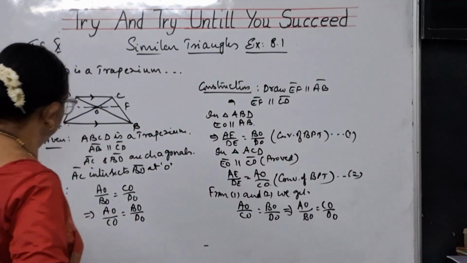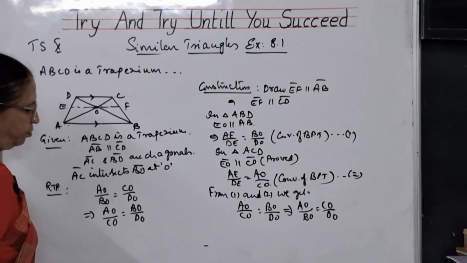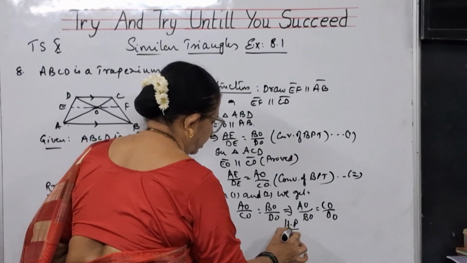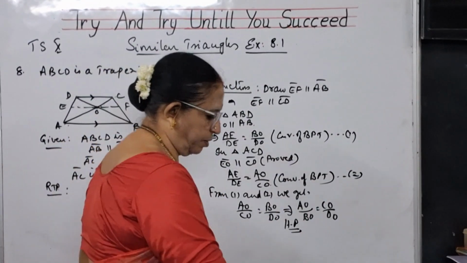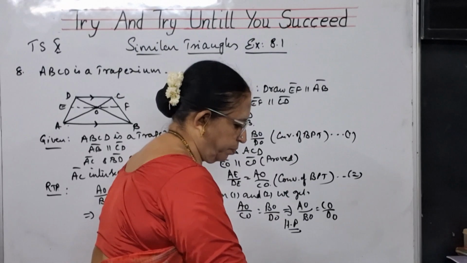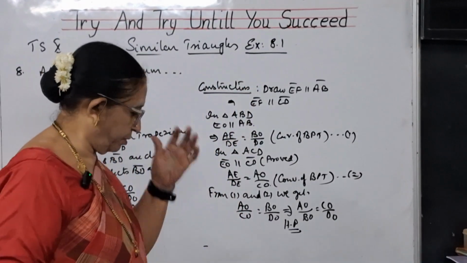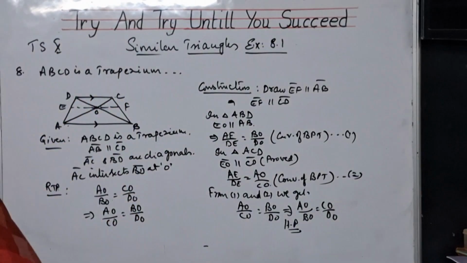This is what they have asked you to prove. So this is how you have proved it, children. Hence proved. This is the one. You have got ninth one, children. So please copy it.